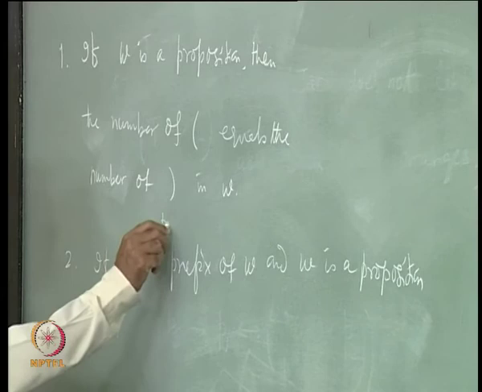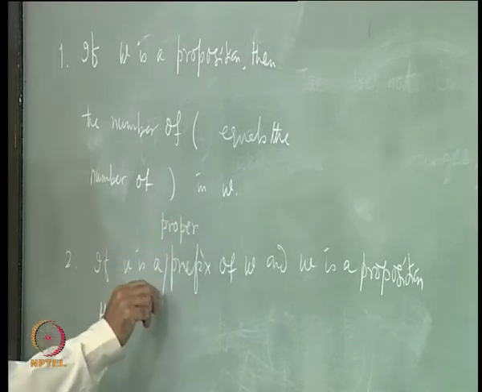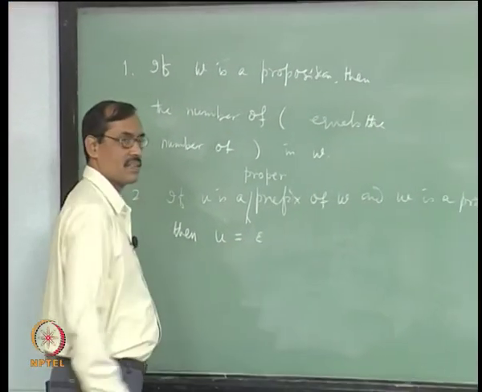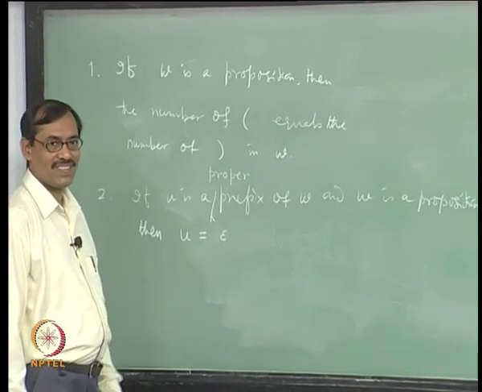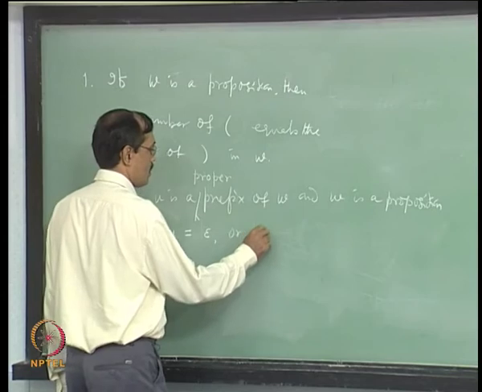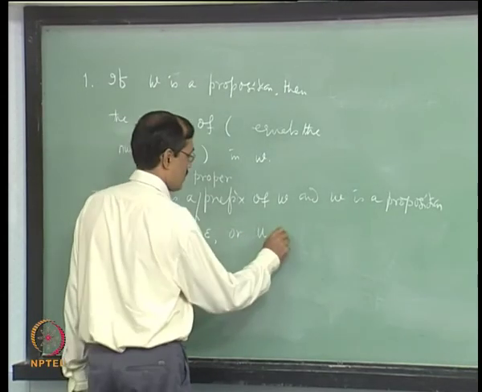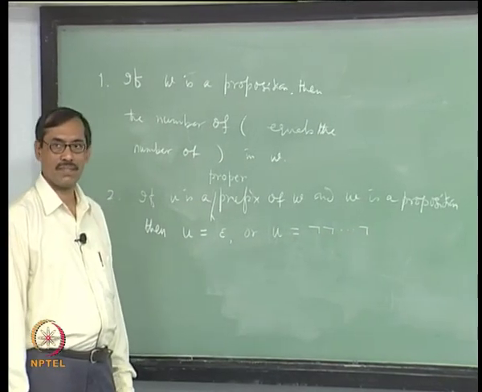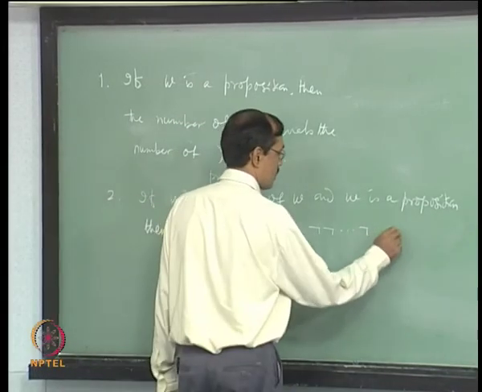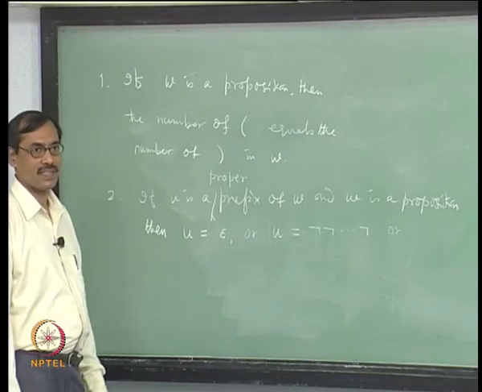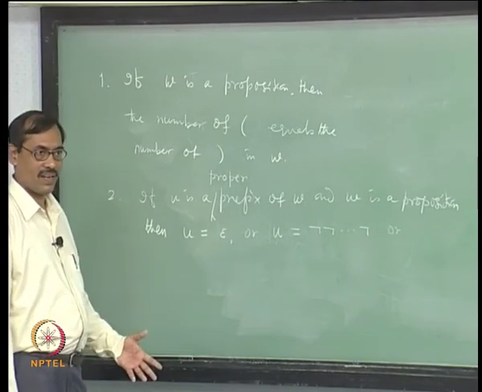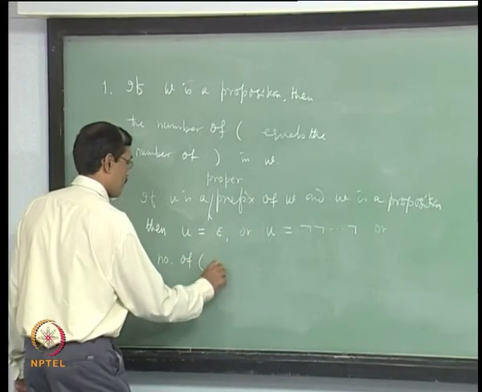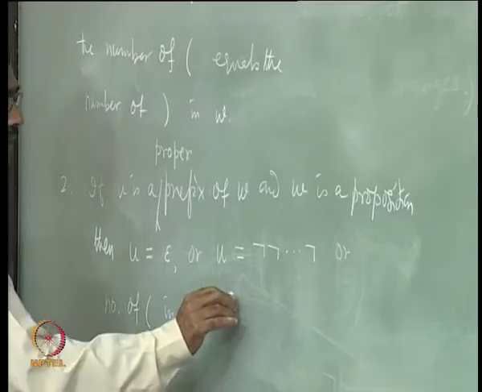So, u can be the empty string, that is one triviality we have to see, or u can be a sequence of nots, only a sequence of nots, right, or the number of left parentheses in u is strictly greater than the number of right parentheses in u.